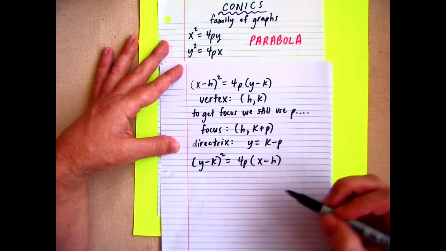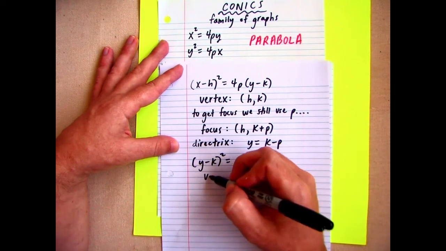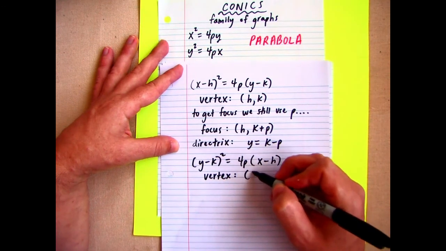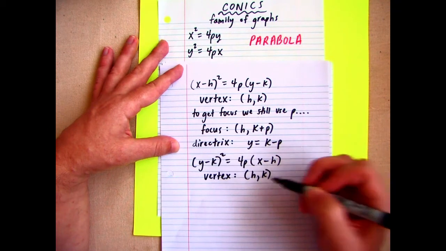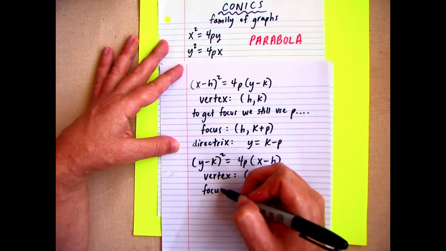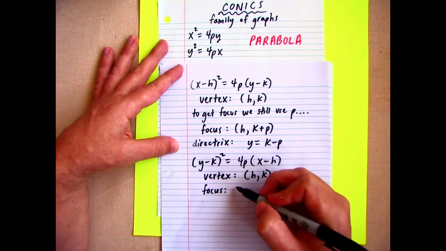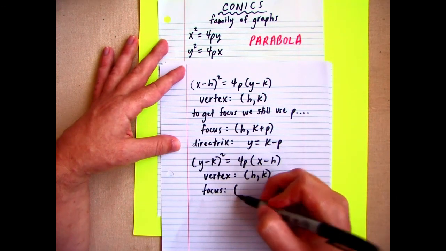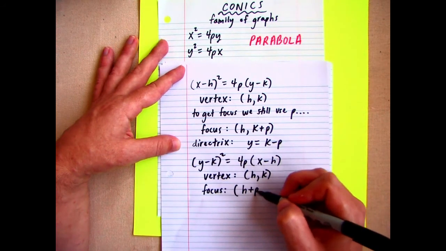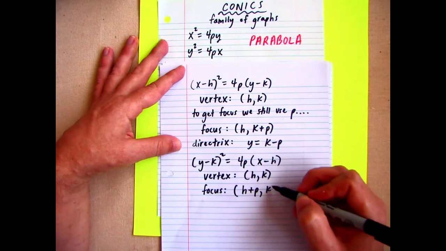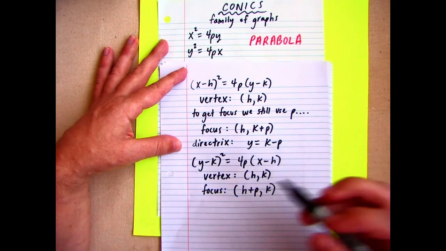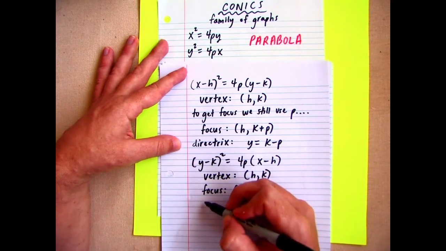Now, what happens if the equation of the parabola has y squared? Well, still got to know what that means. If y is squared, that means we're either opening left or right. Vertex is still going to be at h, k now. And if we're opening left or opening right, the focus is either going to be left or right of the vertex.